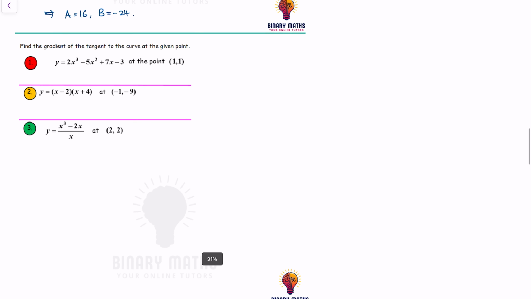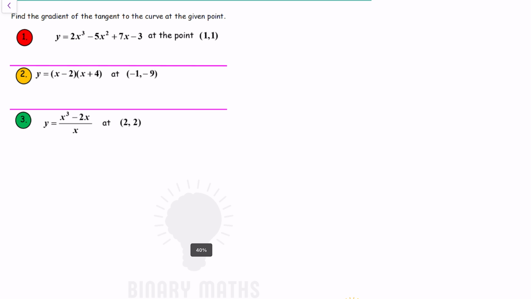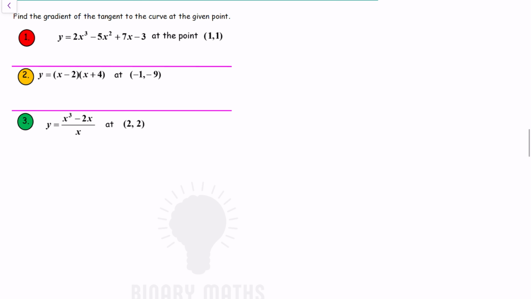Okay, next part. Find the gradient of the tangent to the curve at a given point. So if you're trying to find the gradient of the tangent, that means gradient function. So we're finding dy dx and then substituting the values in. So for the first example, we've got y is equal to 2x cubed minus 5x squared plus 7x minus 3.